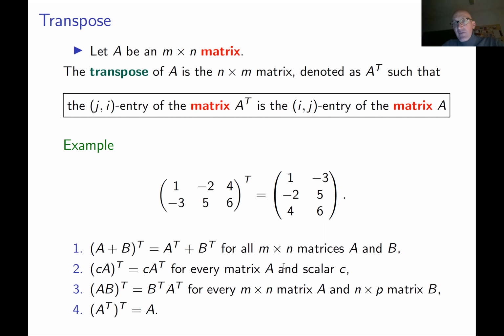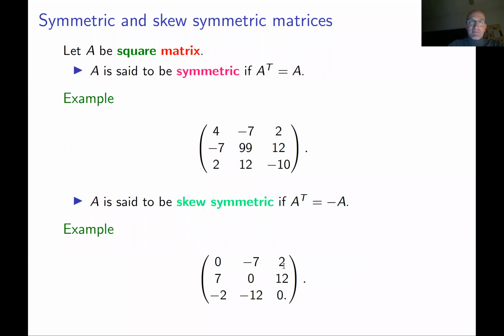Okay, and finally, before I conclude this lecture, let me mention two very nice types of matrices, which should remind you a little bit of even and odd functions. They are called symmetric and skew-symmetric matrices. If you have a square matrix, it is said to be symmetric if A is equal to its transpose.